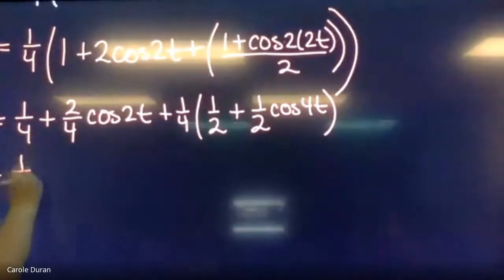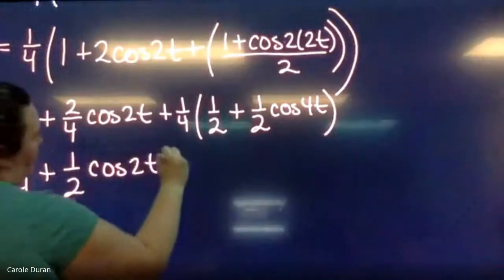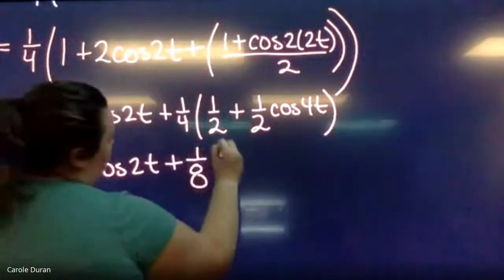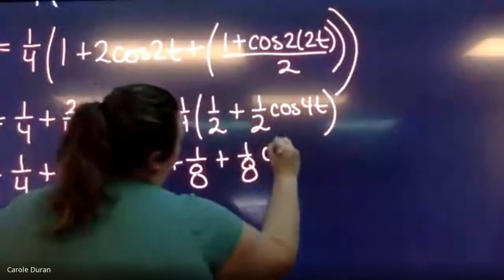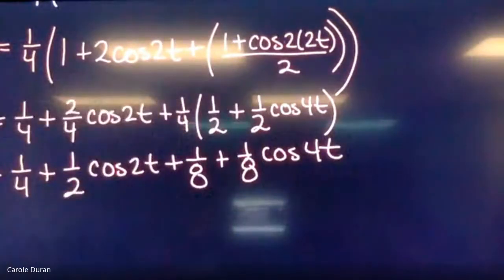So this becomes 1/4 plus 1/2 cosine 2t plus 1/8 plus 1/8 cosine 4t. And then we just need to put like terms together. Do I have any like terms that I can combine? The 1/4 and the 1/8. How do I put those together?